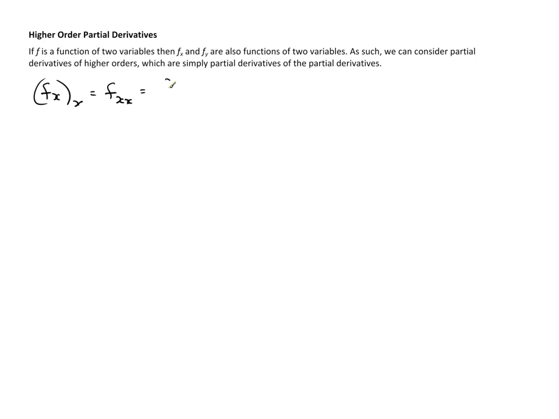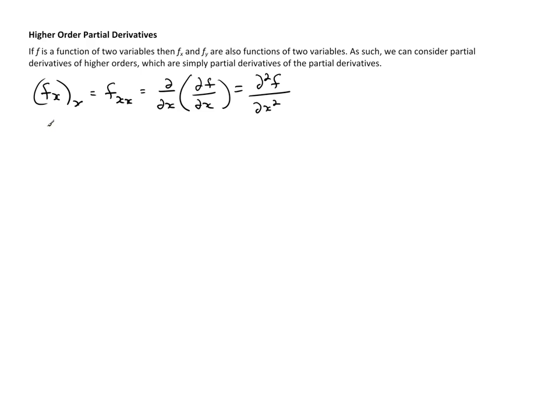But this is actually the partial with respect to x of the partial of f with respect to x, which would then be the partial squared of f, the partial of x squared. And of course, you can also write this as z if you wanted to.